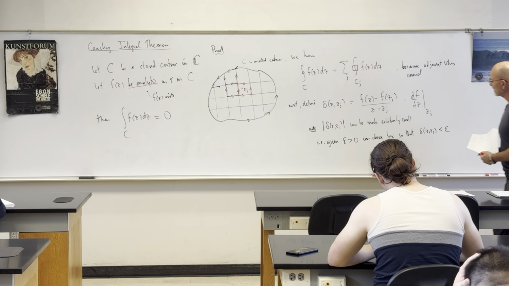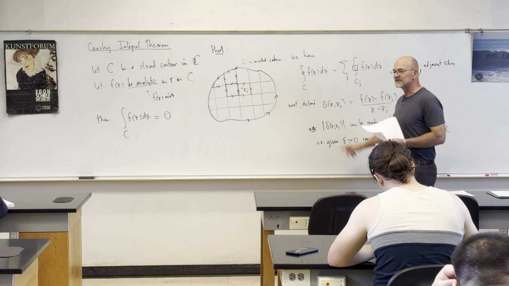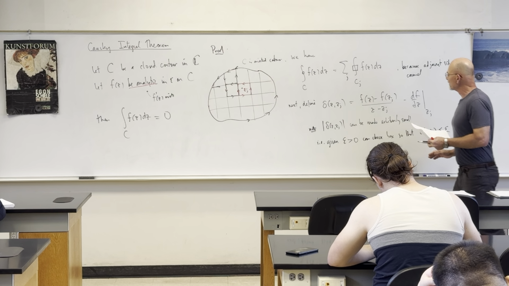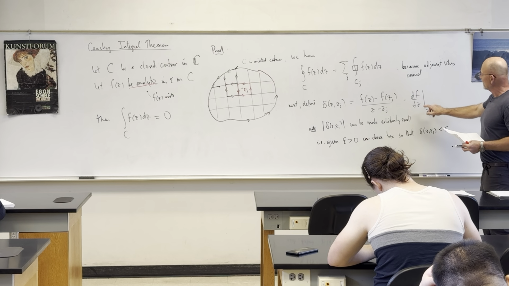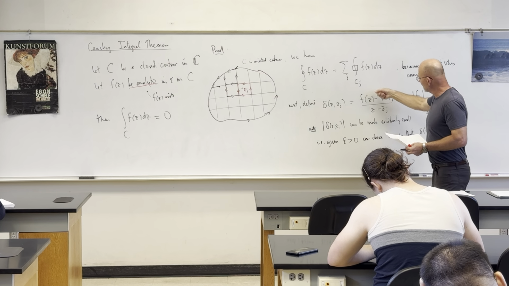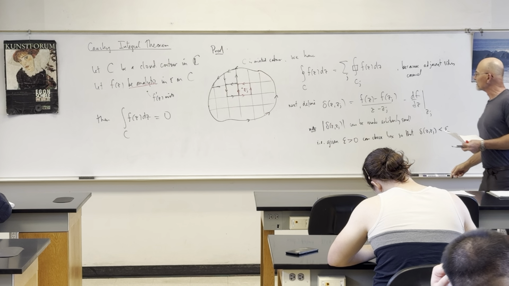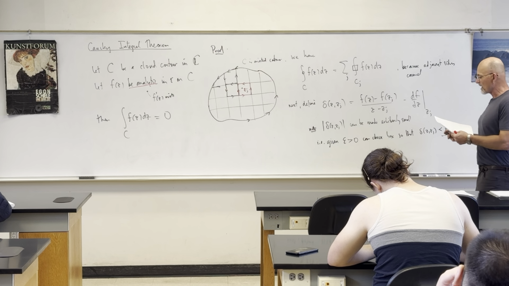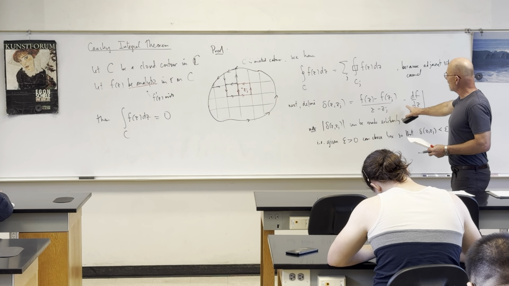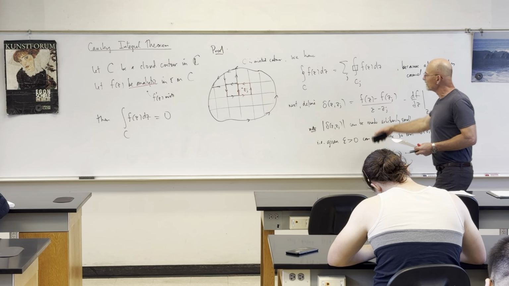It doesn't matter how small; you can choose epsilon as small as you want and just make the boxes small enough, because this is the difference between the difference quotient and the derivative. Now we're going to estimate this and solve for f of z.